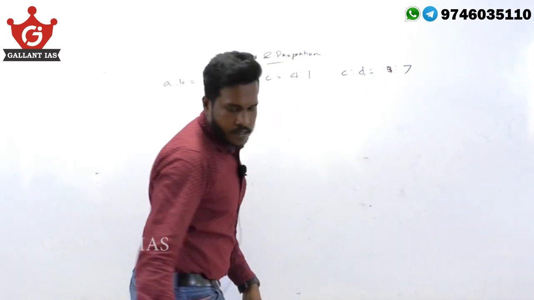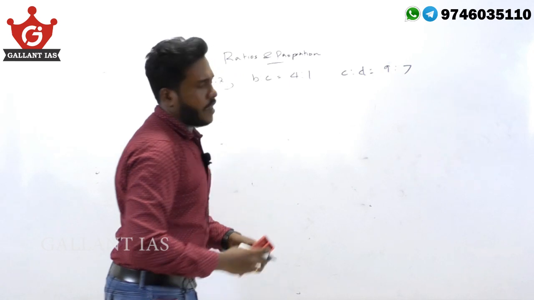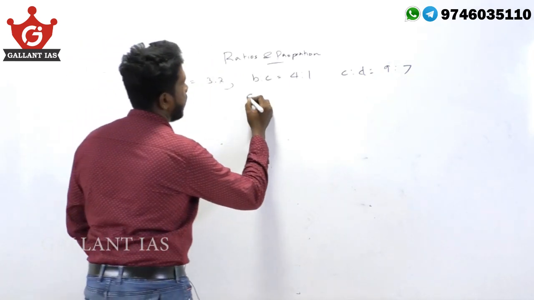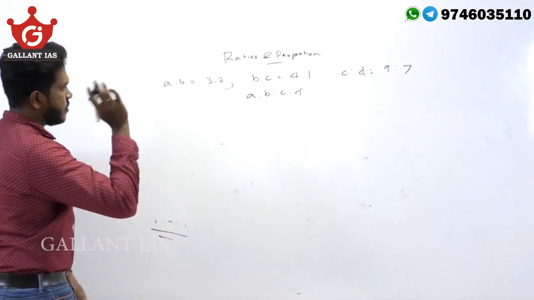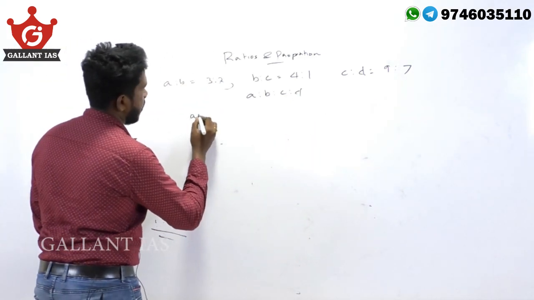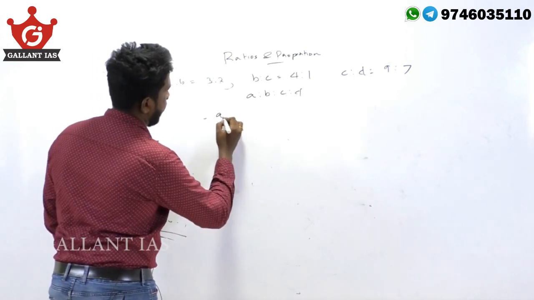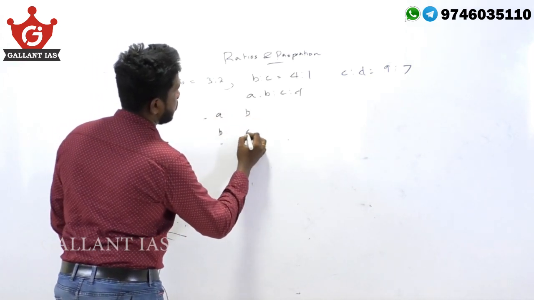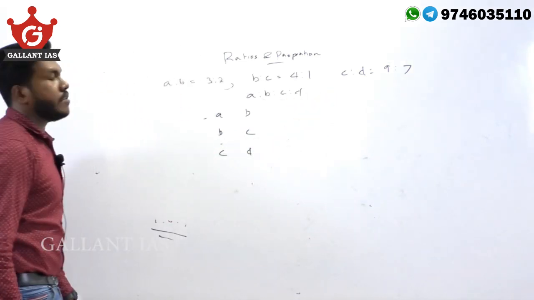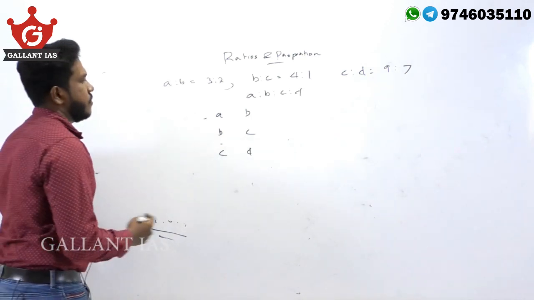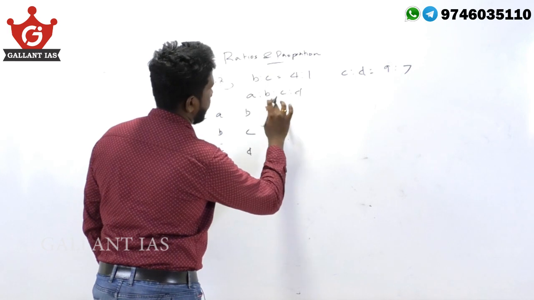Okay, and our question is to find A is to B is to C is to D. So the trick method is that A is to B given, B is to C given, C is to D given, and find A is to B is to C is to D. Here I need to get the value of A, B, C, and D.